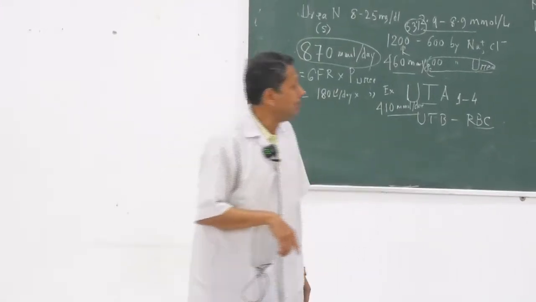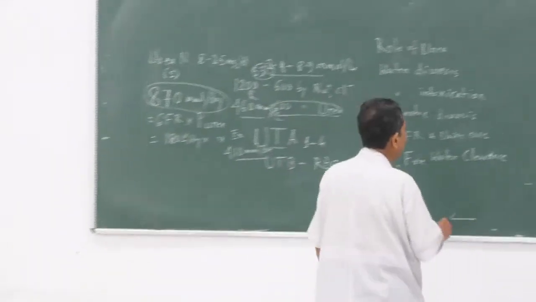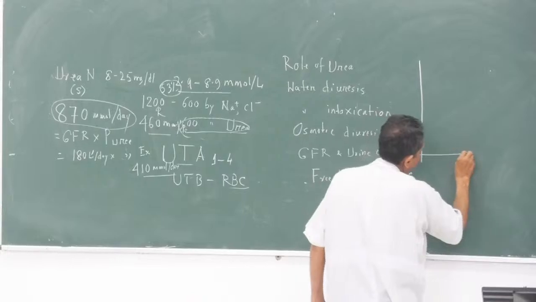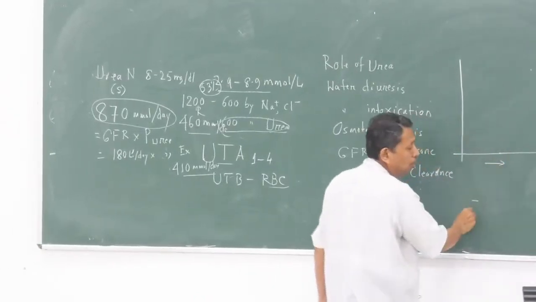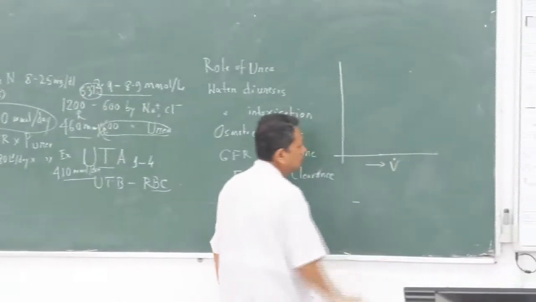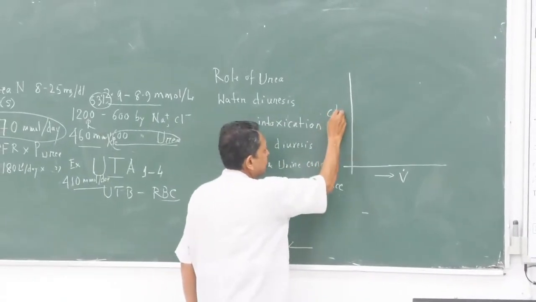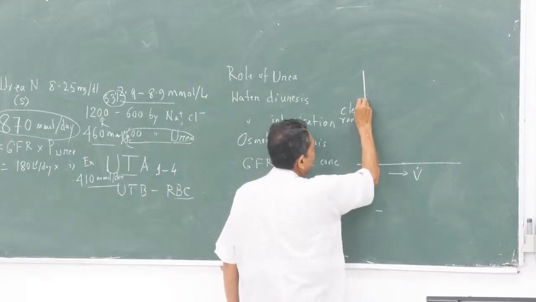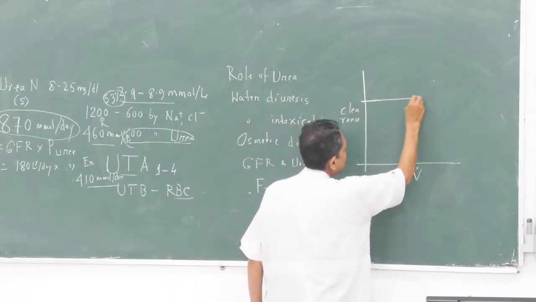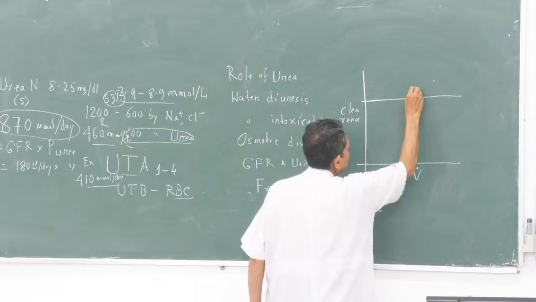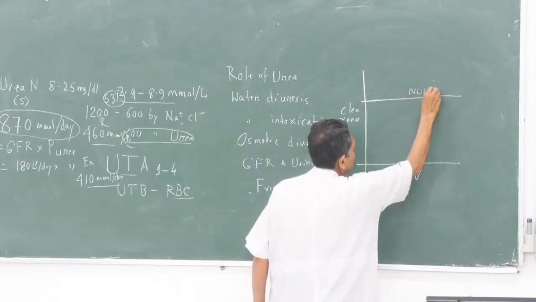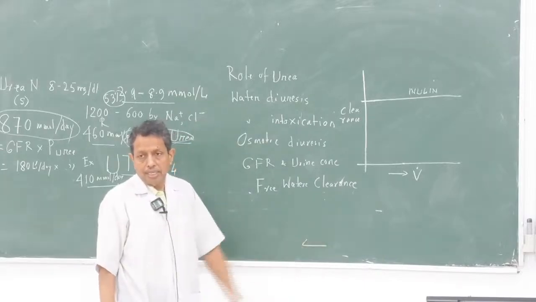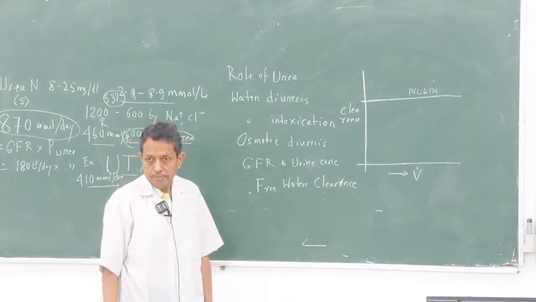And the clearance of urea and clearance of inulin, if you consider, a graph is given in some reliable texts. The urine flow rate, and it is the clearance. Suppose it is the case of inulin clearance. Per minute, it is equivalent to that of the GFR.